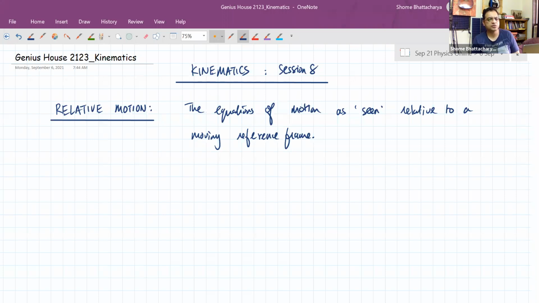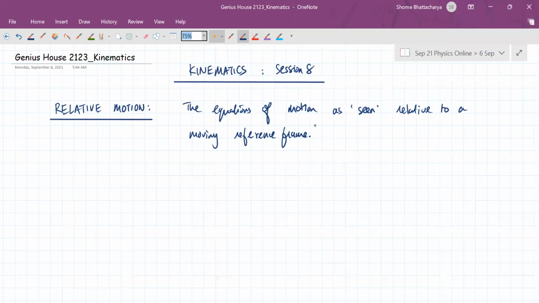But if we are doing any experiment on earth, any reference frame that is moving with respect to the ground, which in earth's frame is a fixed reference frame, becomes the absolute frame. So any frame that is in motion with respect to the earth's surface, or the so-called ground frame, becomes what we call a moving reference frame. So equations of motion written with respect to or relative to a moving frame, those equations comprise what we call relative motion.